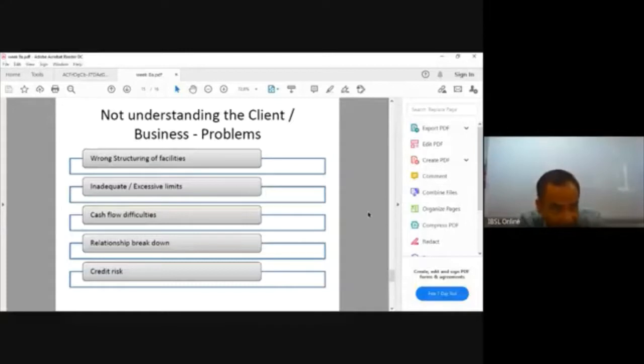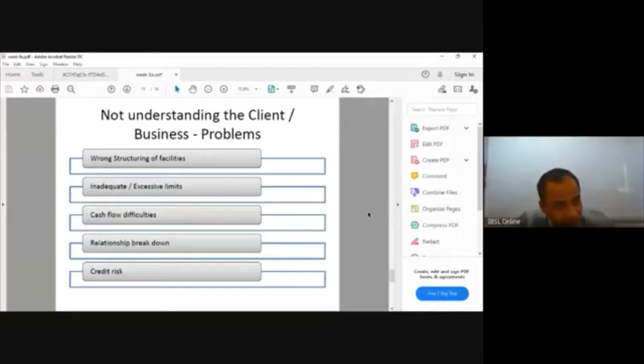How we structure a facility is very important. If we simply give 100 million to a customer who just says it's for his business, and then he goes and invests in the share market, and the share market goes down, that turnover is not coming. Then even the existing business will be blocked, because there's a commitment, and the customer is not generating cash flow from that, and we are running behind that commitment.